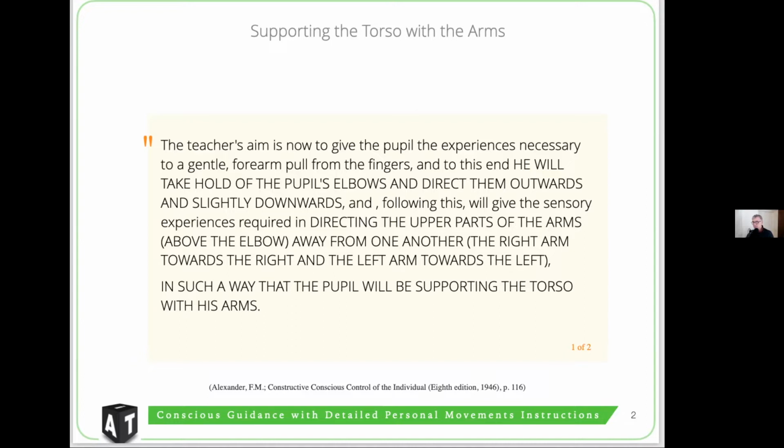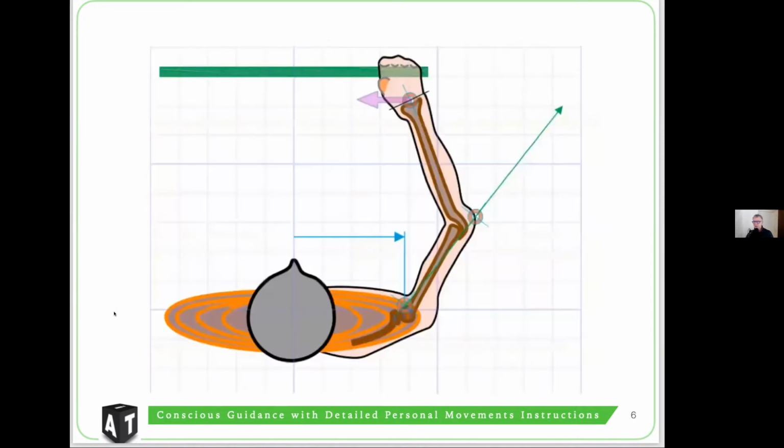So the goal here is to obtain a coordination of movements where the pupil is supporting the torso with the arms. In order to achieve this goal, I will describe the procedure.